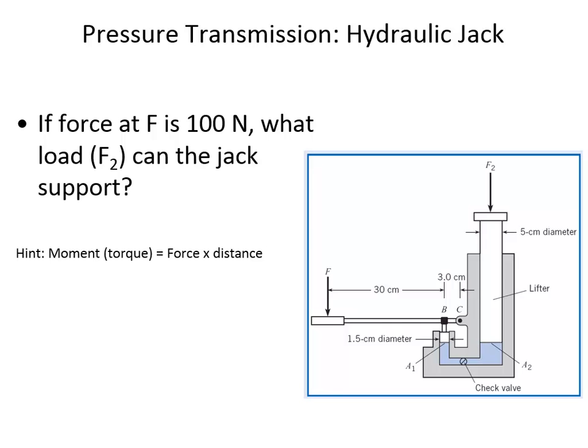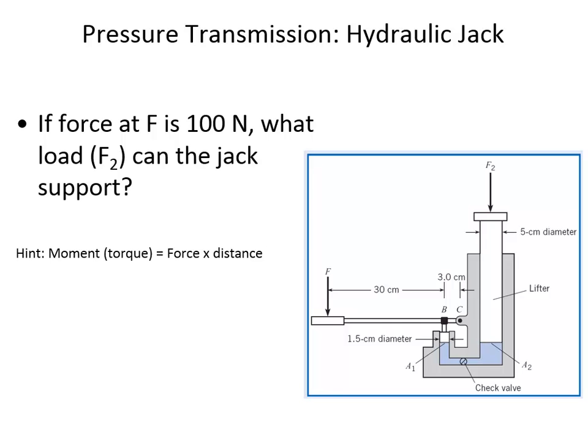And the diameter that's given there, we need to calculate the area at 1. It's going to be pi d1 squared divided by 4. And that area is known to be 0.00017773 meters squared. That's for the diameter of 1.5 centimeters.